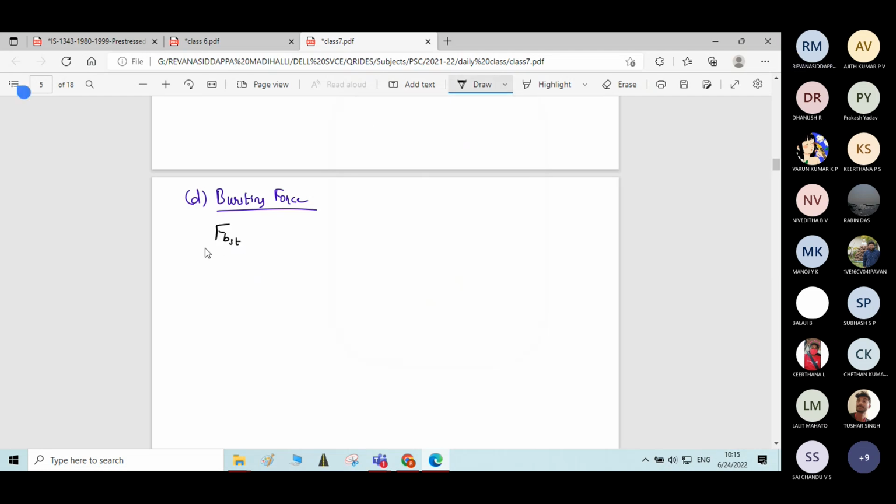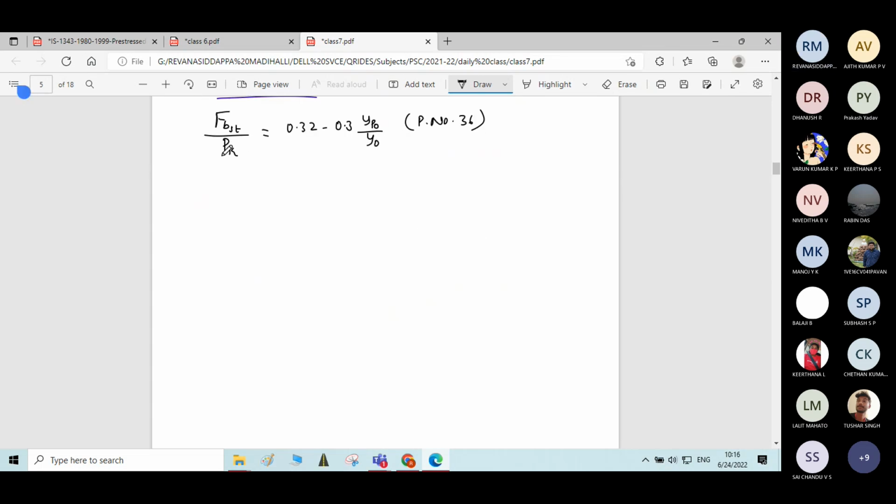FBST by PK is equal to 0.32 minus 0.3 Yp naught divided by Y naught. It is available on page number 36. Therefore, the FBST value will be equal to PK into 0.32 minus 0.3 Yp naught divided by Y naught.